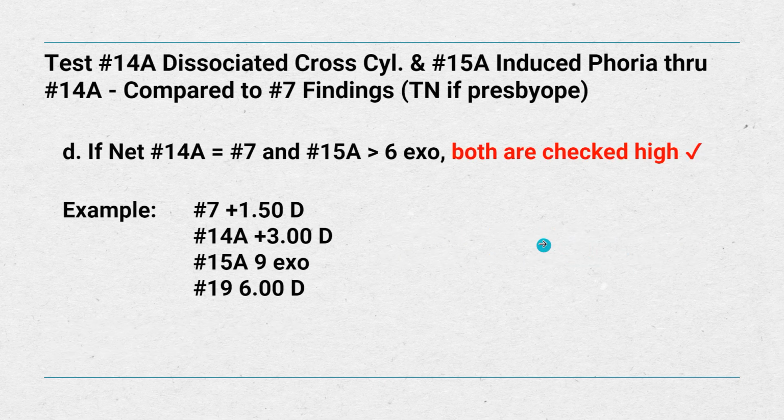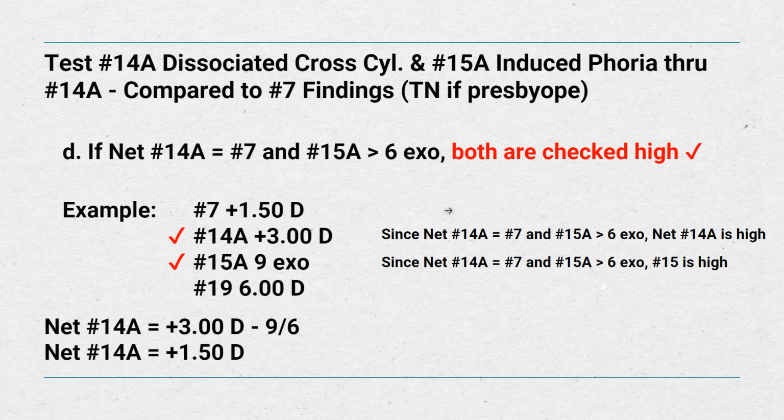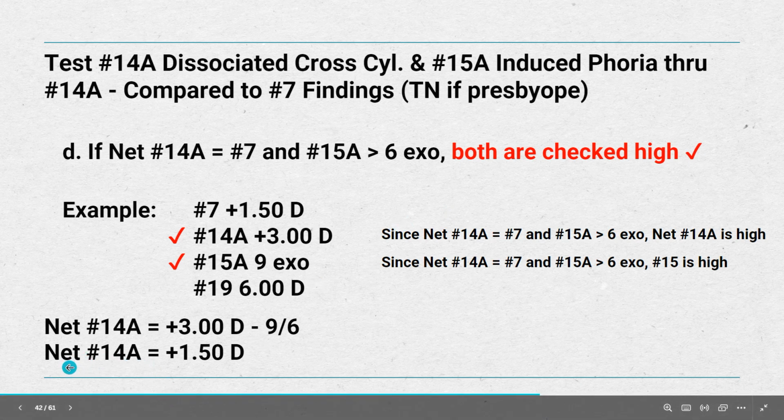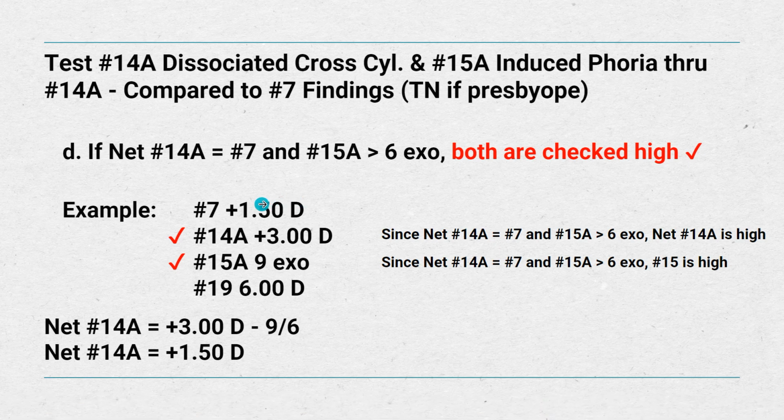Then for the fourth rule, if net number 14A is equal to net number 7, but its number 15A is more than 6XO, you have to check them both high. Okay, for example here, net number 14A is plus 150, right? Which is equal to the given plus 150 of number 7.